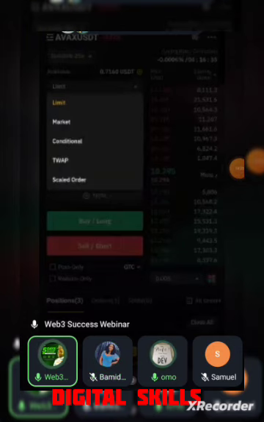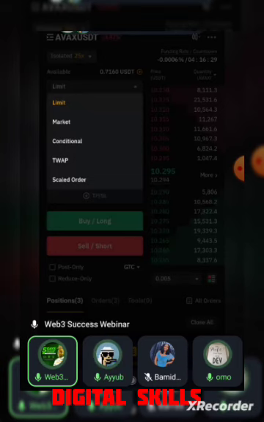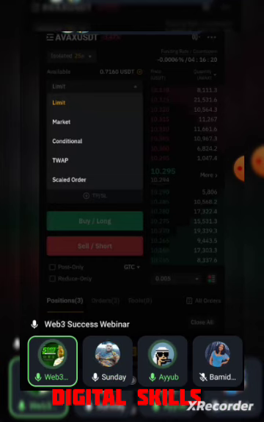But the stop limit entry on Binance, are you guys hearing me now? The way you click on stop limit on Binance is the same way you click on conditional on Bybit. You just click on conditional like this.